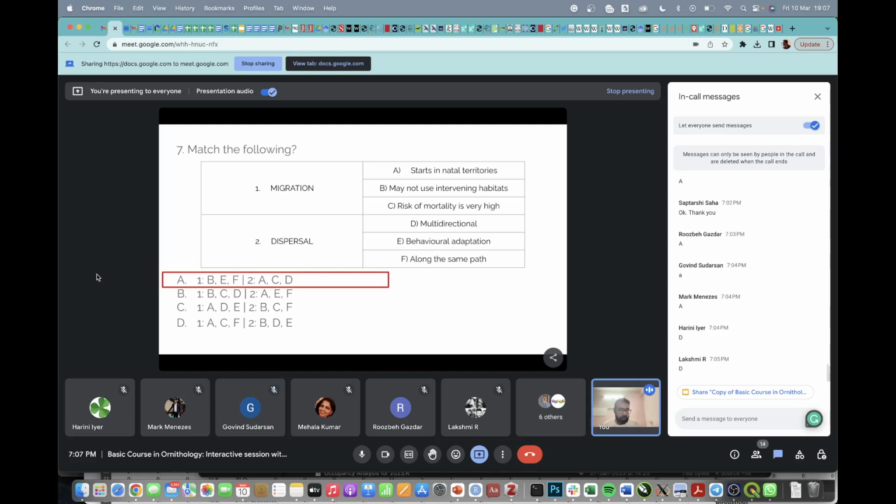Not always, but mostly there are individuals that have actually done the same thing. So there is experience involved in migration, which is not so in dispersal, where an individual just goes and has to set up a new nest or a breeding ground or something like that.